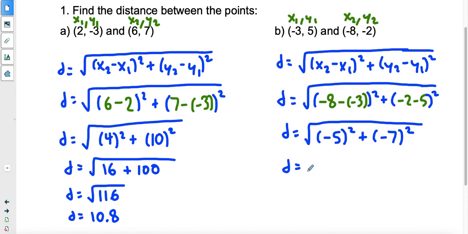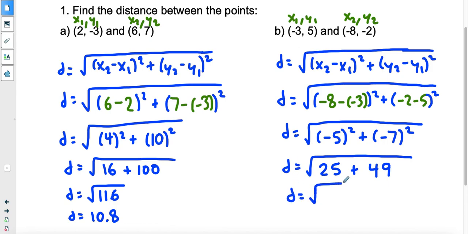Negative 5 squared, negative 5 times negative 5, is 25. Negative 7 squared, negative 7 times negative 7, is 49. 25 plus 49 is 74.